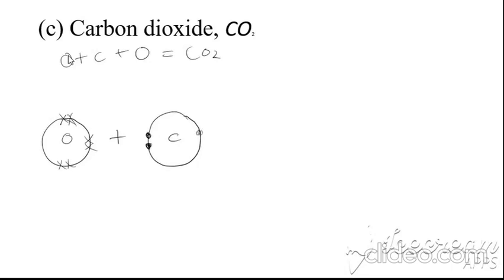Here I'm going to put the dots like this so that you can see clearly what's happening here. Plus oxygen. The symbol is O, and in the outermost shell for oxygen there are 6 electrons like that.